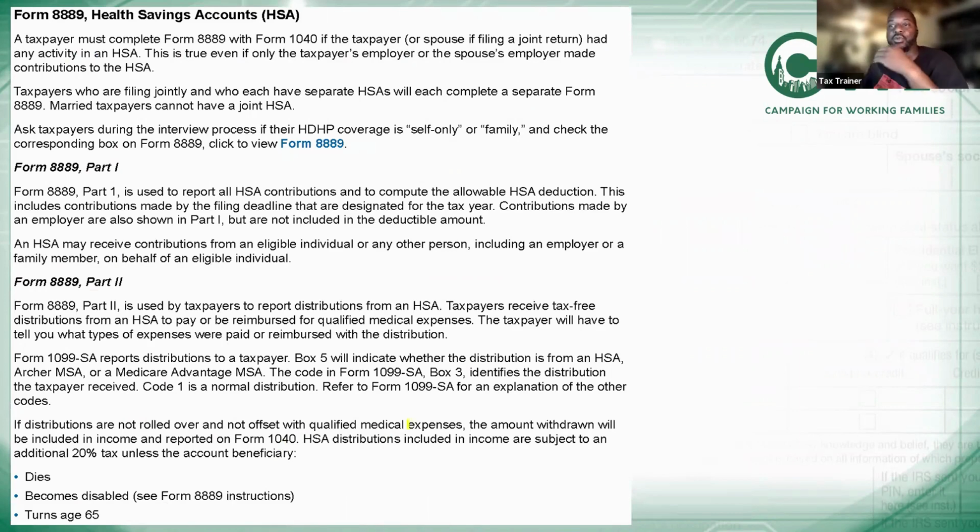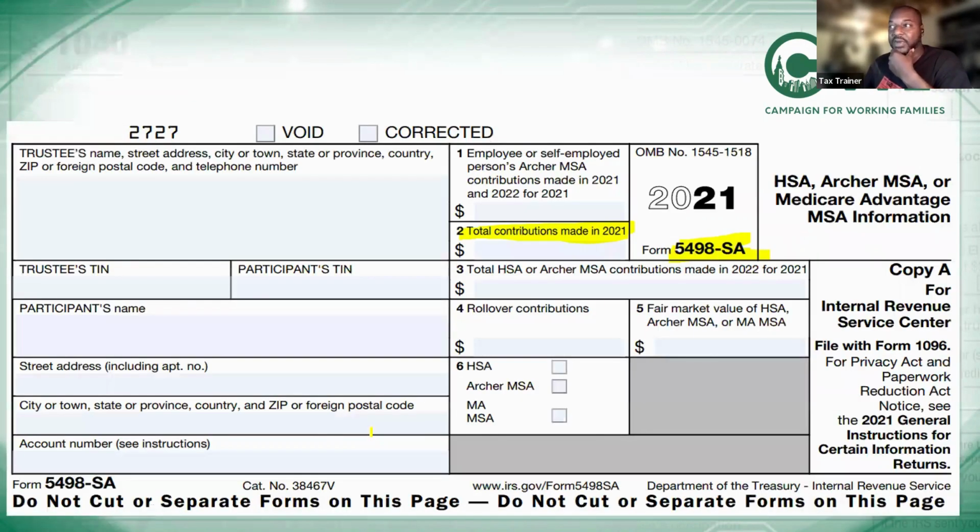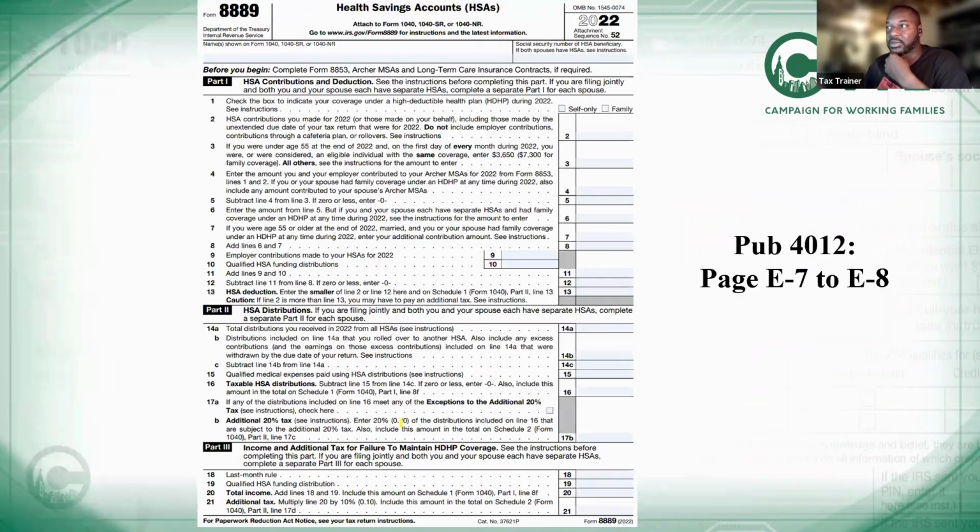You're going to have to take that out because what you're going to get is, let me see if I can show it on the 8889. Is it on here? Okay. It is an additional 20% tax right here. Any money that I take out that was not for a qualified HSA distribution, I'm going to pay a 20% tax on that until I put it back in.